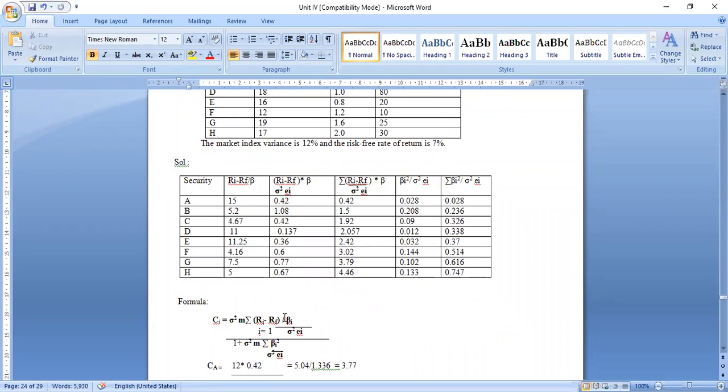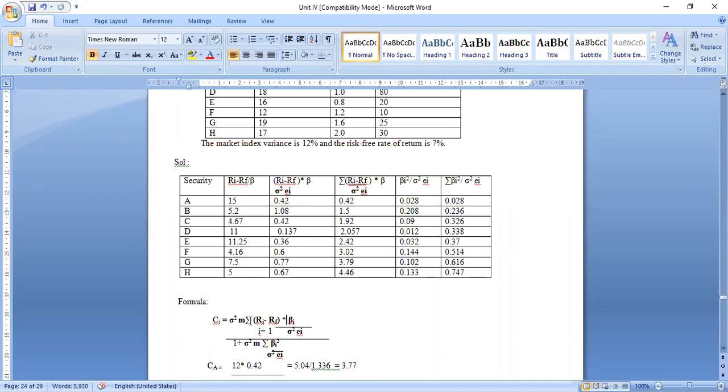I guess there was a mistake here, so I'll correct it. It is into beta i divided by residual variance, the whole divided by 1 plus variance of market index into summation of beta i square divided by residual variance.